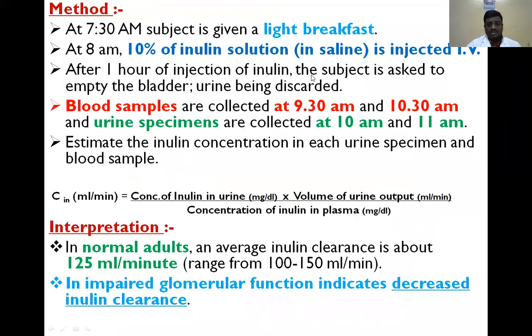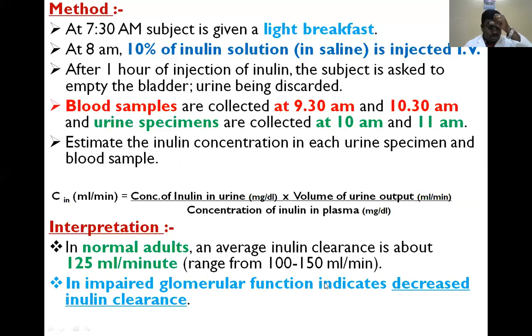We don't require the method. Just remember this formula: U into V by P. C in means inulin clearance. In a normal adult, the average value is 125 ml per minute. Whenever it is reduced below 125 ml per minute, that is a glomerular problem.